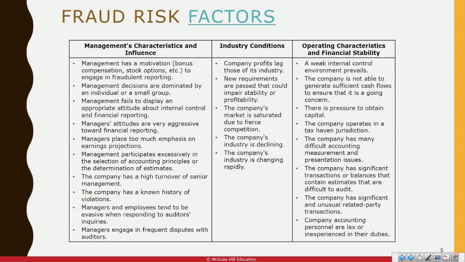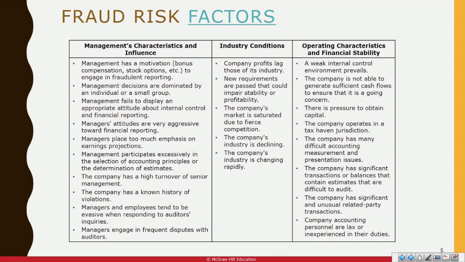But some things, as I said, create motivation, like if their compensation is tied to performance. If it's dominated by one or a small group of individuals, the tone at the top about internal controls is not very effective. They just don't take it very seriously, don't enforce it, don't really monitor it. They have a very aggressive attitude toward financial reporting.